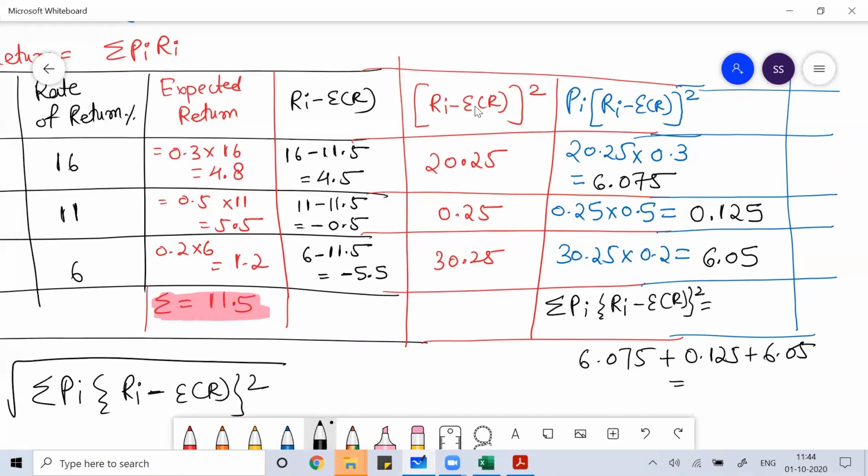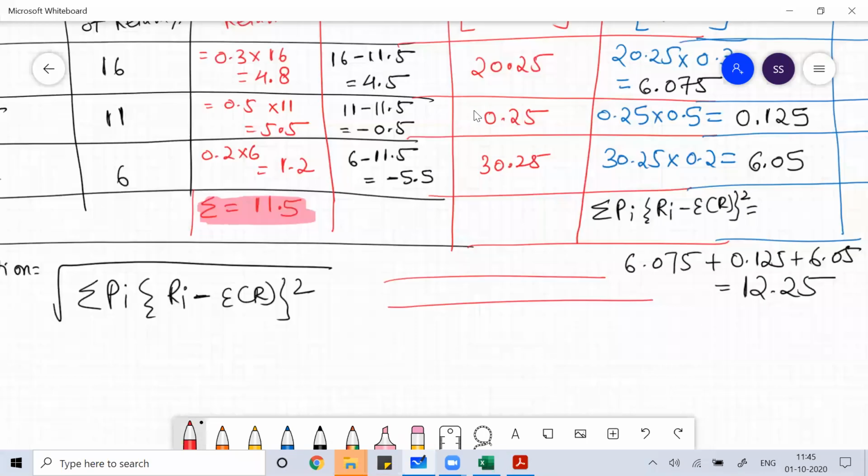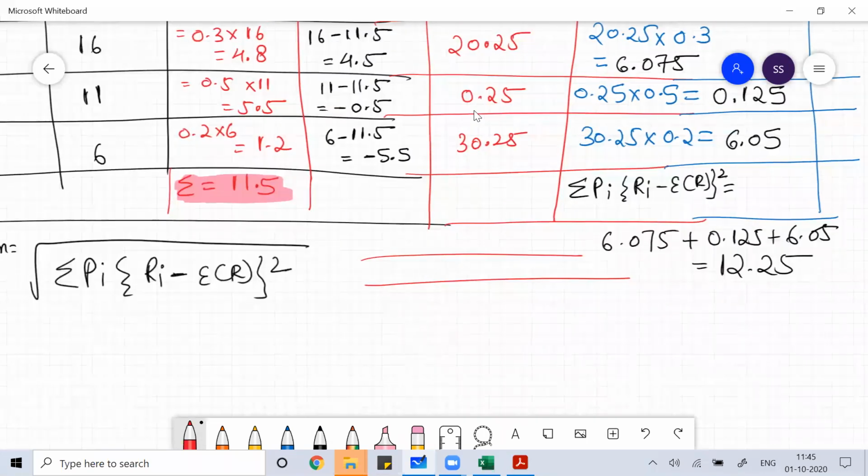What sum will you get? This is the variance, 12.25. They are asking us to calculate the standard deviation, and this is the variance we got.